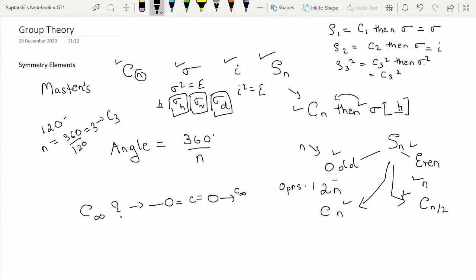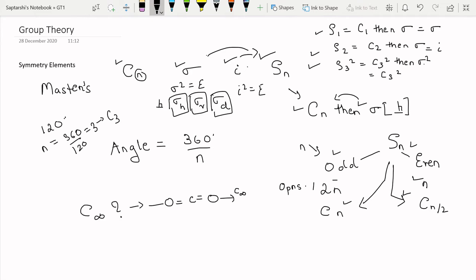We also know that S1 is C1 then sigma, which actually gives us sigma, and S2 is C2 then sigma, which actually gives us I. So both sigma and I are contained inside the Sn axis. And this is a simple operation of S3^2, and how it operates I have just shown you. Sigma square is E.